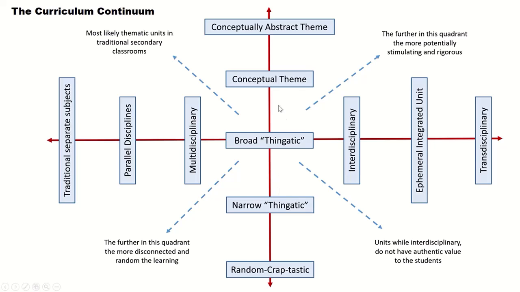If I'm moving up this scale, now I'm having them solve problems around an idea, and the end result is something that is more applicable, as opposed to just learning about a thing. Now we are having to learn the skills around that thing, and I can apply it to other disciplines. That's more authentic.